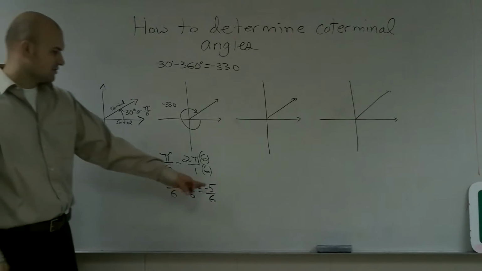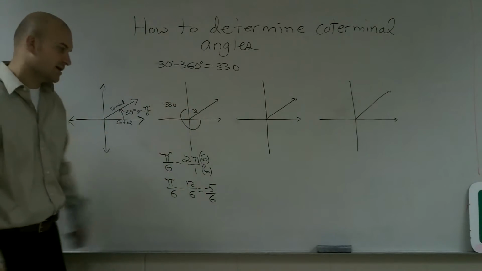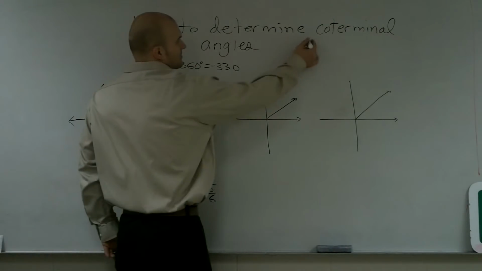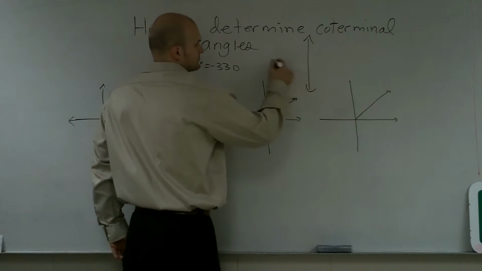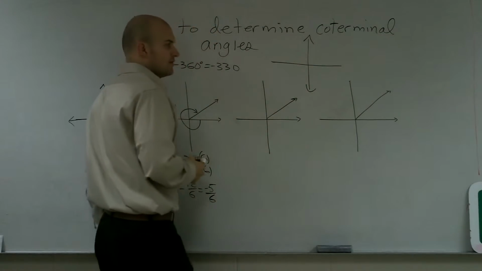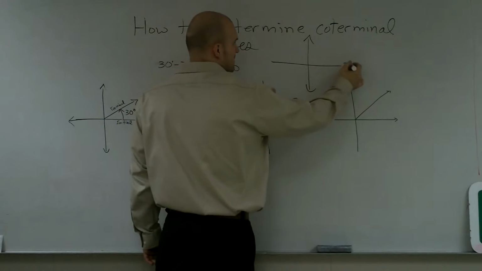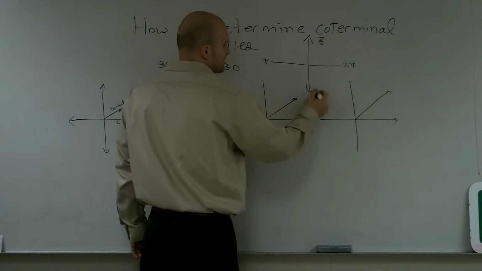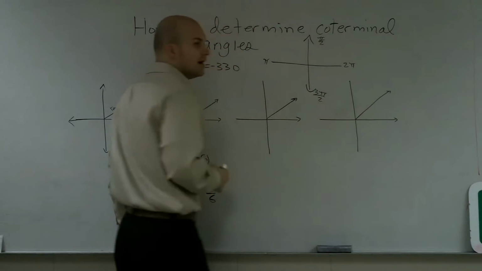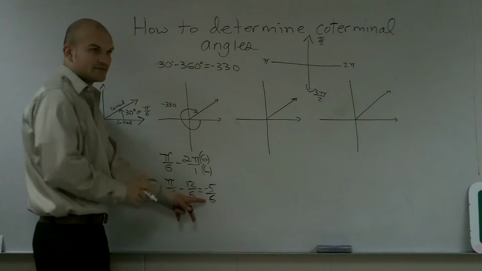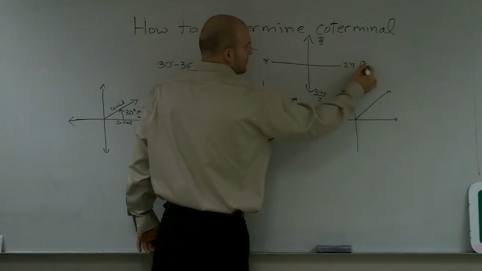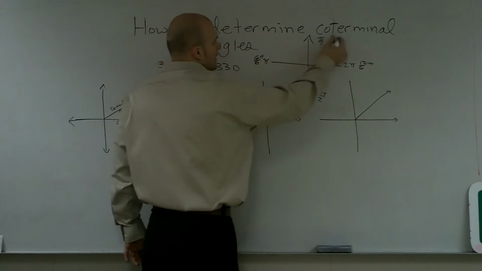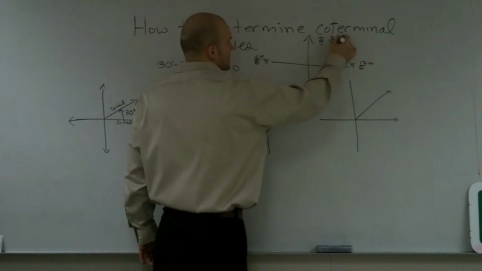Now, one real quick thing to know is, how do you know where negative 5 over 6 is right there? Real quick, guys, I'm going to keep referring to this in a lot of my videos. I know that this is 2 pi, this is pi, this is pi over 2, and that's 3 pi over 2. But if I'm now using a denominator of 6, I know that this is 12 over 6, this would be 6 over 6, and this would be 3 over 6.